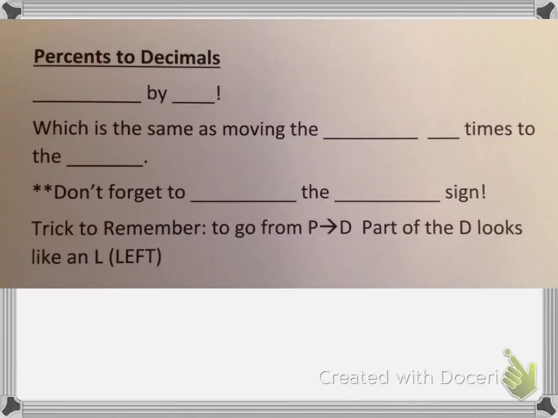All right, moving on. Just like we need to convert from decimals to percents, we also need to convert from percents to decimals. So for this, you're actually going to do the opposite. So instead of multiplying by 100, we're going to divide by 100.